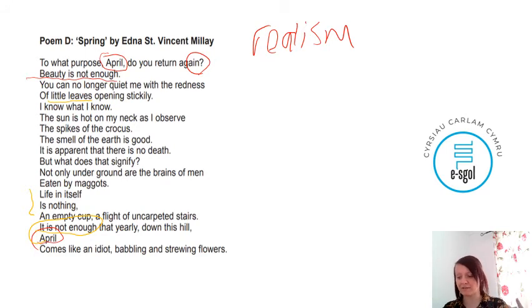And there is this sense of horror being shown in the descriptions of new life, of spring, in the way that she looks at the idea of little leaves opening stickily, and the redness. So you can look at the imagery of the redness and the sense of maybe blood wounds quite possibly linked to that, okay?